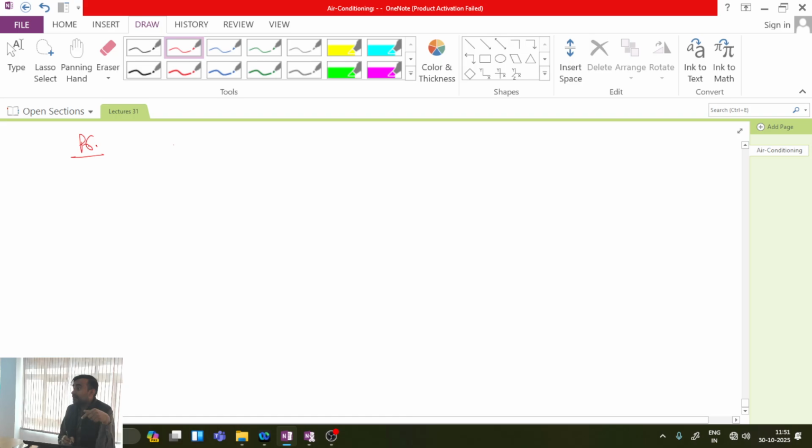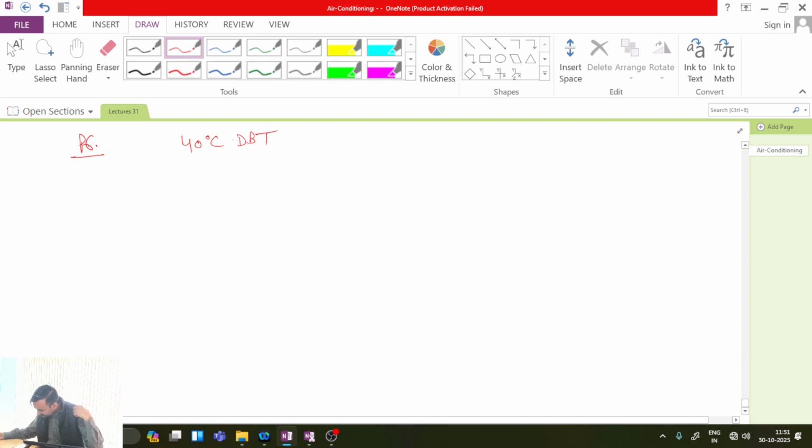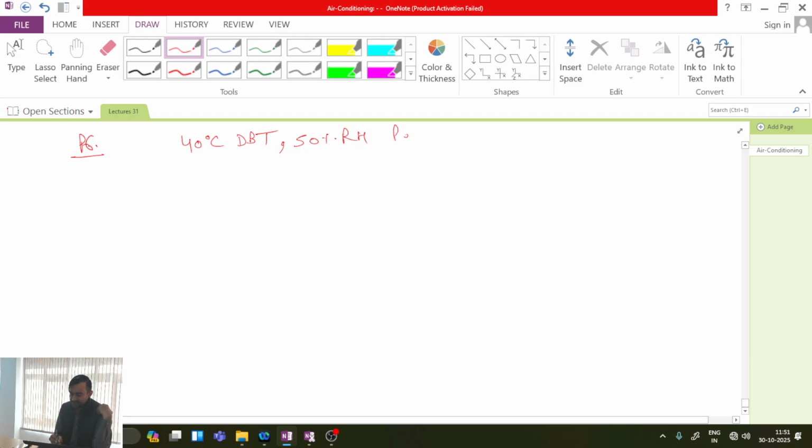It is entering a cooling coil at 40 degrees Celsius DBT and 50% RH, and of course at ambient pressure. Okay. If it leaves the cooling coil as saturated air at 20 degrees Celsius.